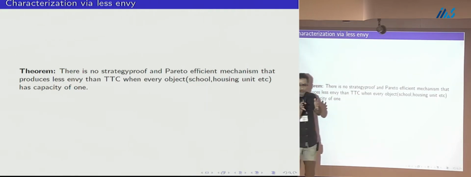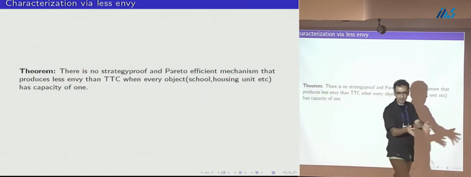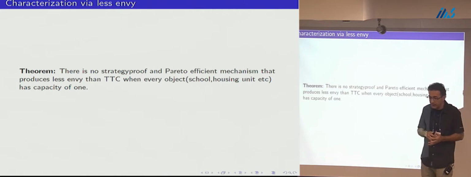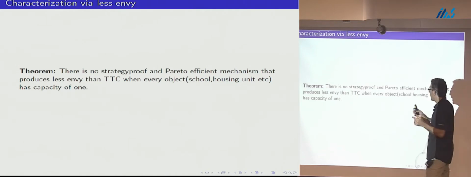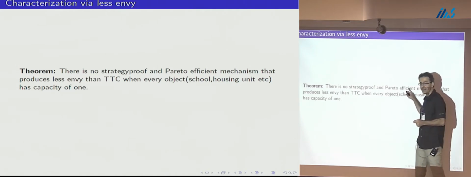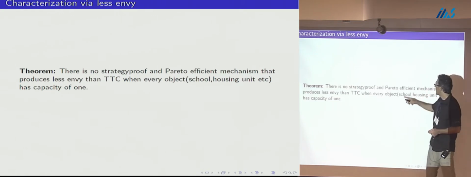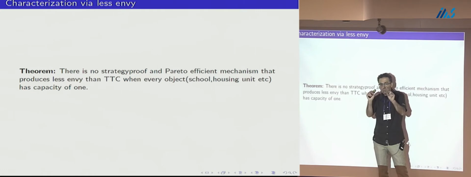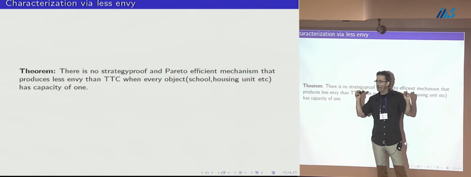So if we have a priority structure set in place, which might be given exogenously, sibling priorities, neighborhood priorities, given those priorities, we want to achieve Pareto efficiency and strategy-proofness, but not any Pareto efficient allocation. We want to achieve the one that produces as little blocking pairs as possible.